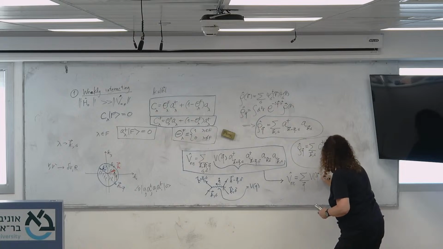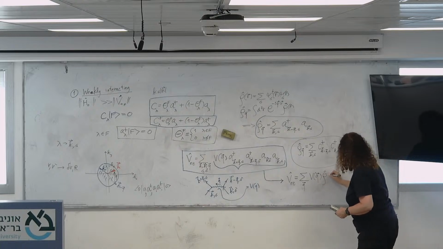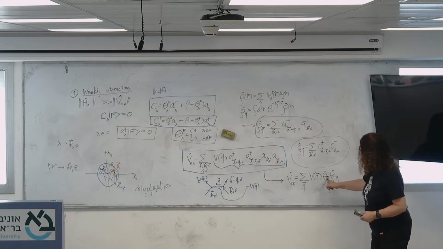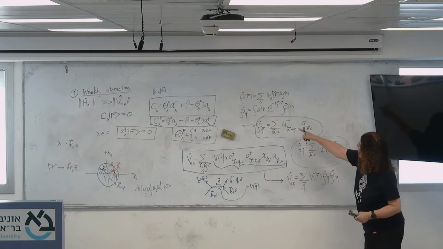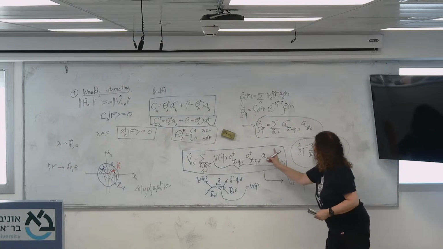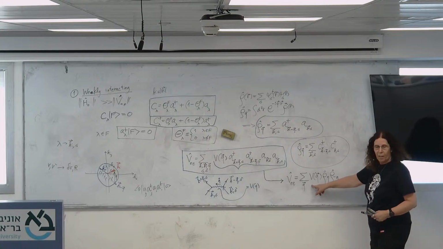You sum only over Q, rho Q times rho minus Q. Okay? And if you plug in the definition of rho in terms of the A's and A daggers, you can convince yourself that this and this are one and the same. Okay? So very simple. You see, the interaction is nothing but a product of density operators.